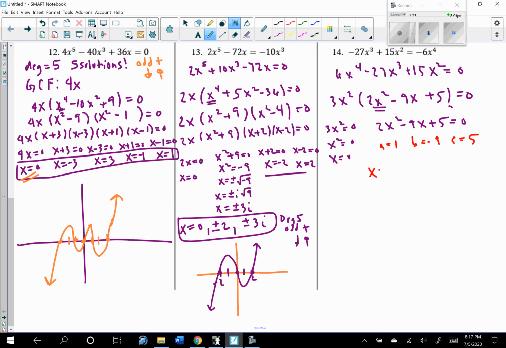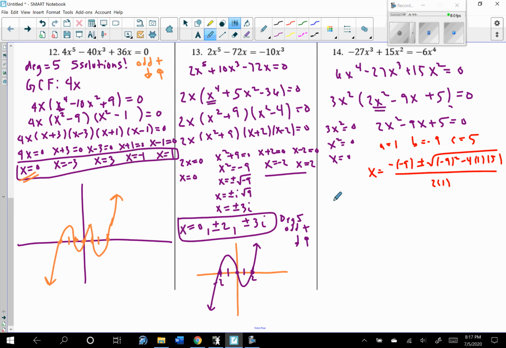So x is equal to -9 plus or minus the square root of -9 squared minus 4 times 1 times 5 all over 2 times 1. And then we're just going to go ahead and simplify.